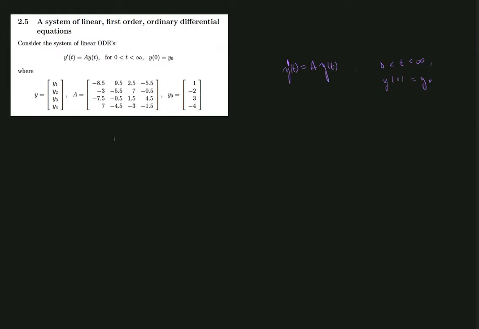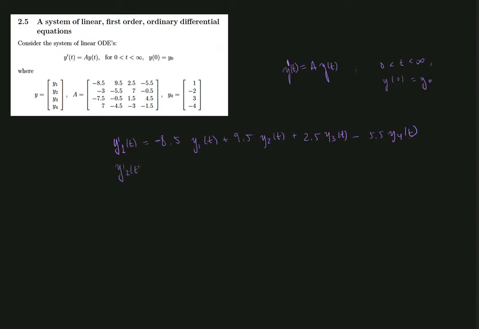The first equation is y1 prime of t is given by 8.5 multiplied by y1 of t, no, minus 8.5, plus 9.5 multiplied by y2 of t, plus 2.5 multiplied by y3 of t, minus 5.5 multiplied by y4 of t.